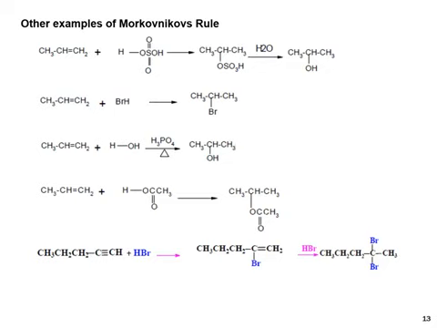You can see in all these examples, the proton attaches to that terminal of the double bond that already has the greater number of hydrogens, and then the counterpart, meaning the electron-rich species, attaches to the more stable carbocation and gives the product.